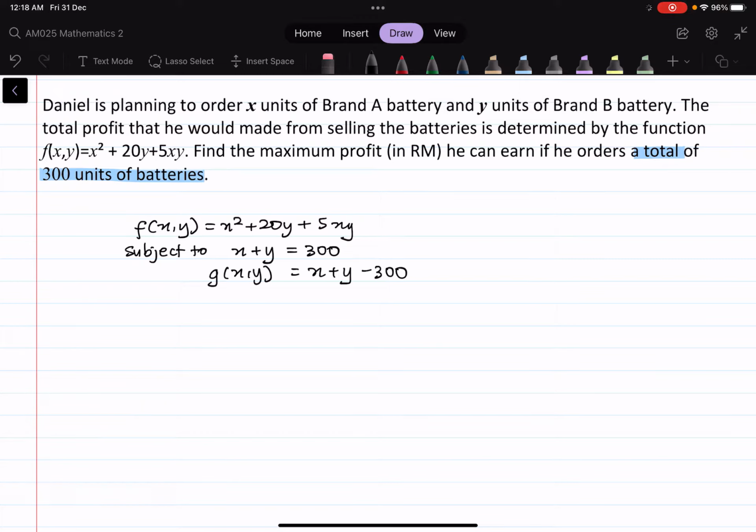So let us form a new function, which is f(x,y,lambda) equals f(x,y) plus lambda g(x,y).